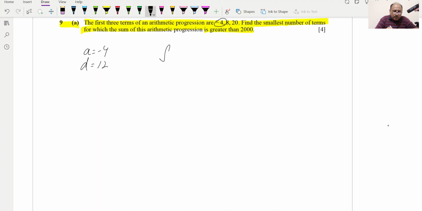And we know the formula Sn is equal to n by 2 into 2a plus n minus 1 into d, and this should be greater than 2000. So we will check for that.